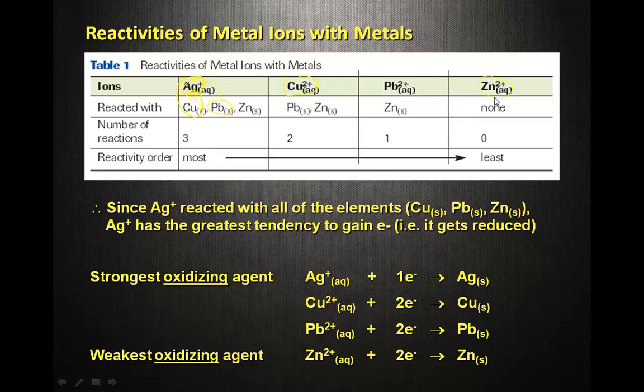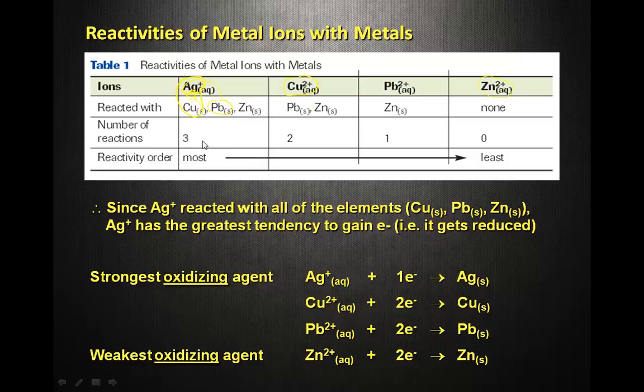And what you would have seen is nothing, because Zn+2 cannot go up to silver solid and say, give me your electrons, and silver would oblige. Zn+2 goes up to copper and says, give me your electrons. Copper says no. Zinc goes up to lead and says, give me your electrons. And lead has said no.